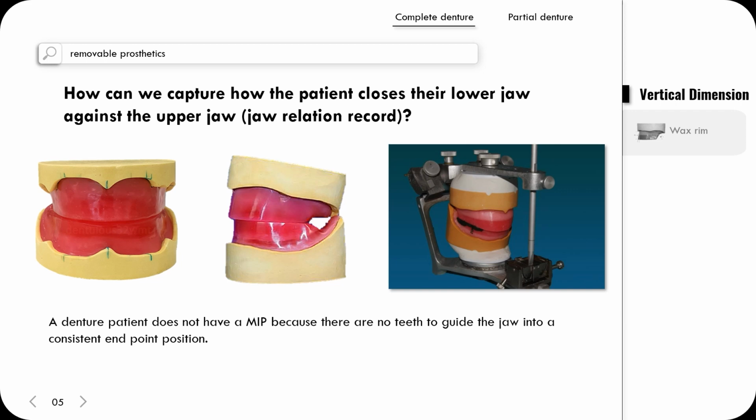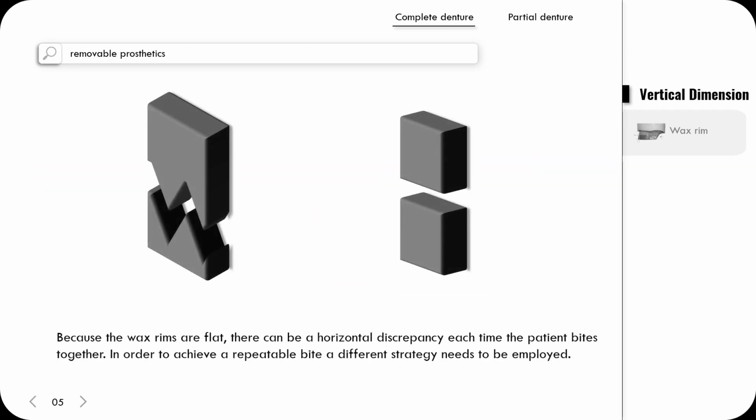If we think of this denture patient with these wax rims, this is much different than a patient that we're accustomed to seeing that has teeth, right? We had talked at length about this maximum intercuspation, where there's pretty significant interdigitation of teeth that make it easy for us to have an endpoint position that's consistent and repeatable and kind of locks itself in.